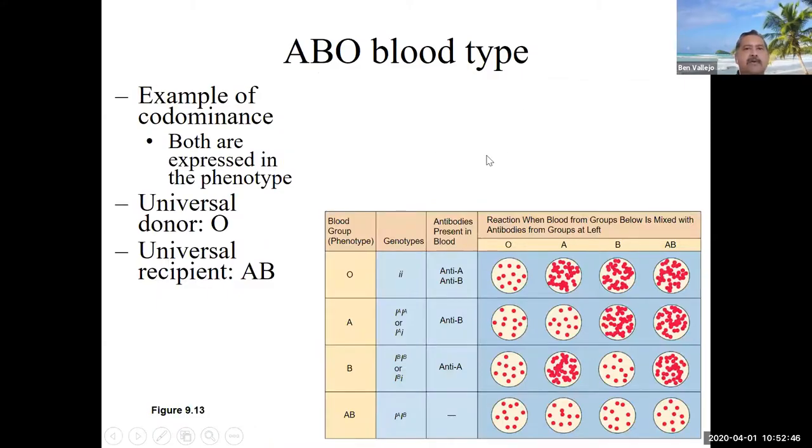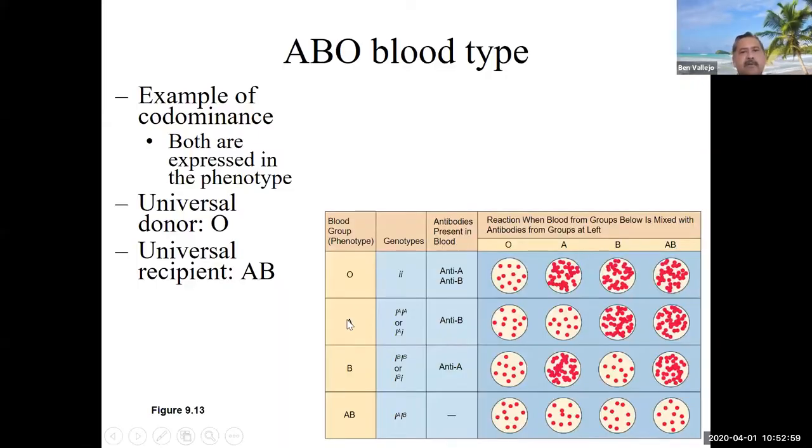All right, in order to do the quiz correctly this week, I want to remind you of the situation where you have universal donors and recipients. A person who can receive blood from anyone is a person with AB blood.